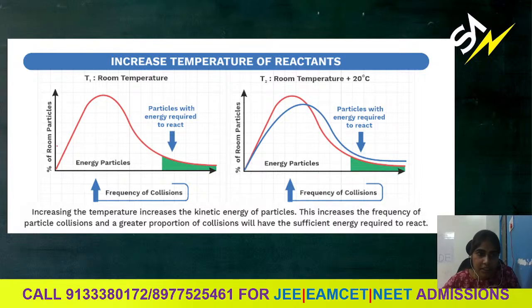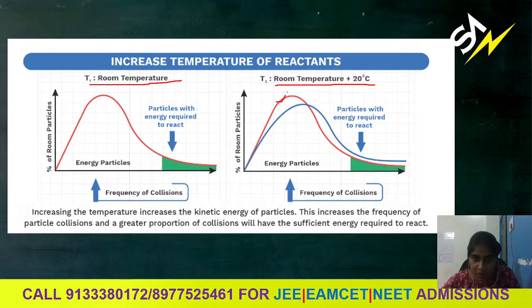If we see a graph plotted between percentage of particles and energy of particles, at room temperature the reaction proceeds in a moderate way. If the temperature is raised by 20 degrees centigrade above room temperature, there will be a change in the graph. It means the reaction happens very fast.